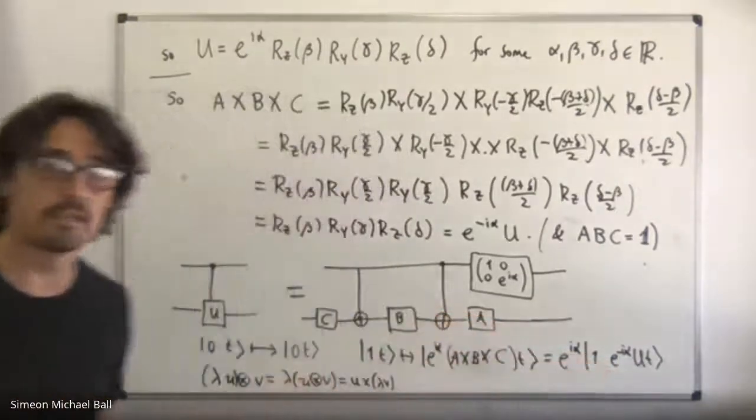Is that what you're saying? No, but because you factored it out, AXBXC wasn't U, it was e to the minus i alpha U. Yeah. So then when you factor it out, it's just that.